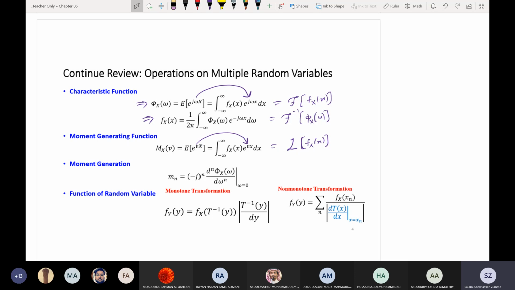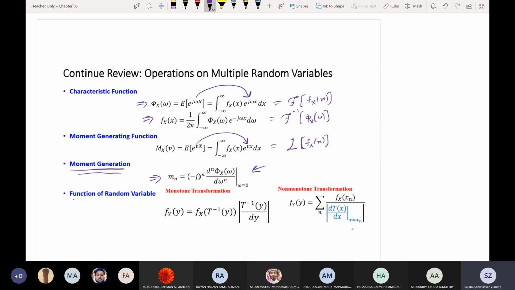And the way we use, if you recall, the characteristic function or moment generating function to generate moments is that the nth moment will be the nth derivative of the characteristic function with omega set to 0 and multiplied by minus j to the power n.